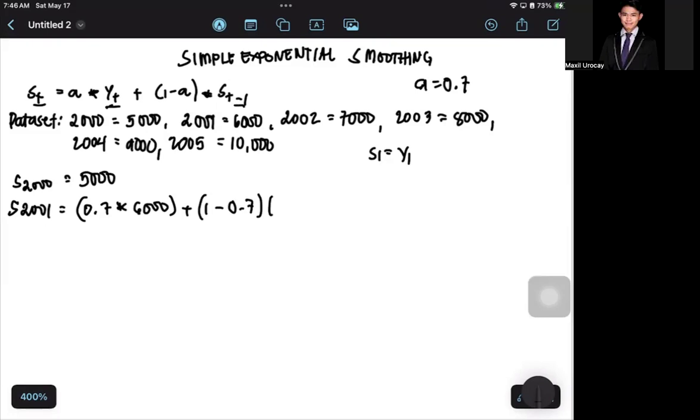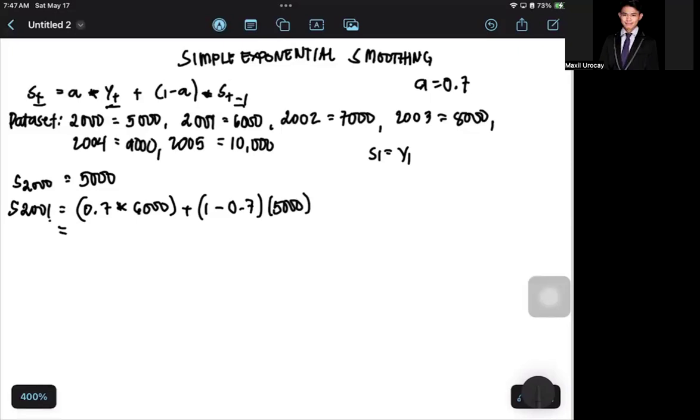When we say S_(t-1), since you're at S2001, deducting 1 gives S2000. That is the previous forecast or smoothed data, because we're just smoothing out the data right now. The smooth data for 2000 is 5000, so we can put that right here as 5000.